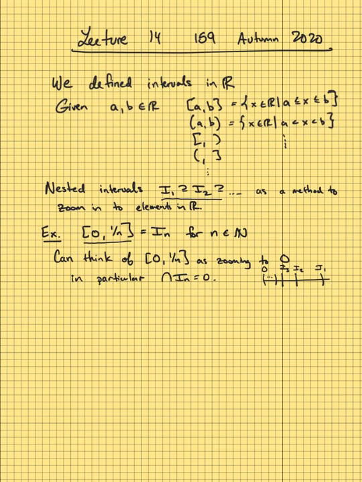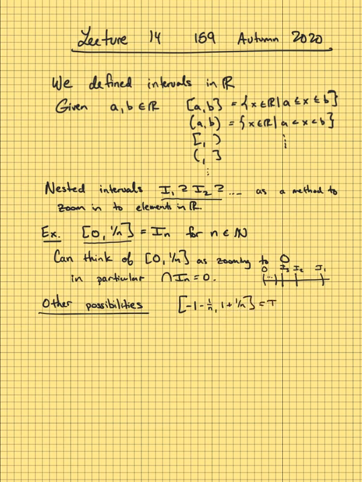Okay, so let me just note that there are other possibilities, which I will leave as exercises to say exactly what can happen. For one thing, we could look at the interval, say, -1 minus 1 over n, 1 plus 1 over n.